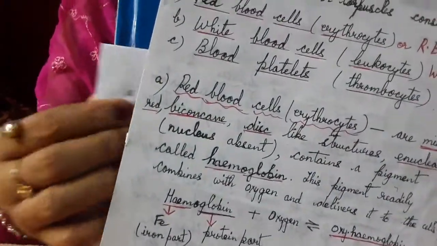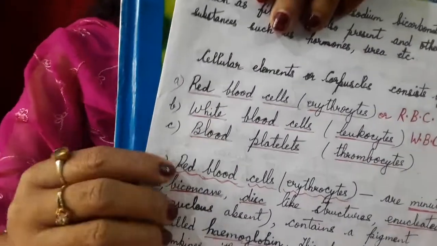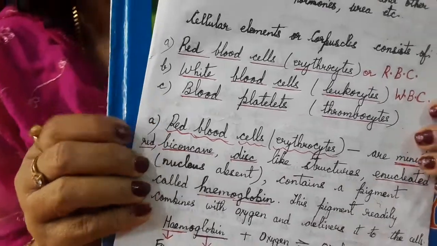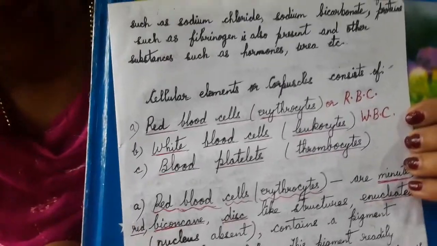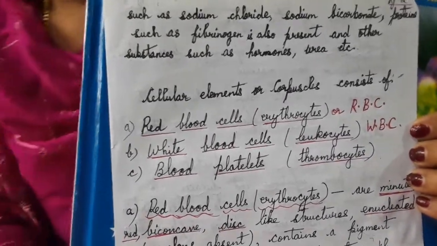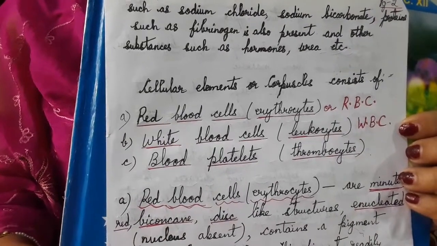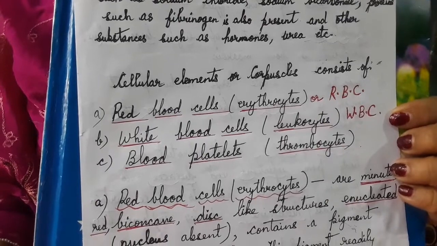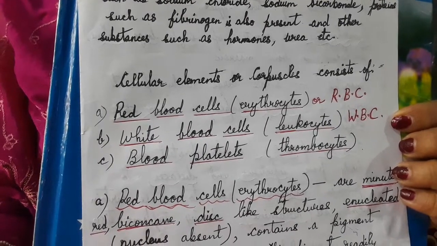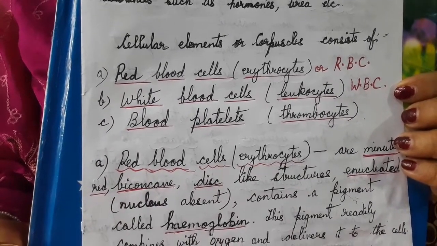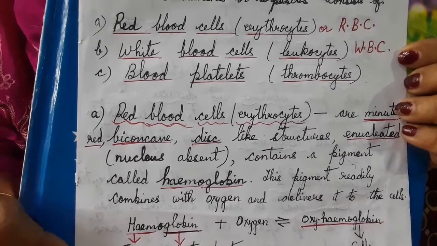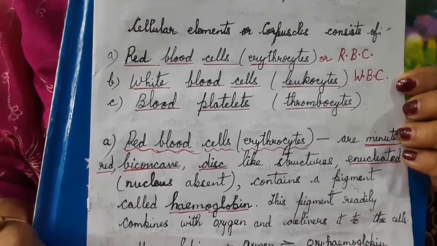Then we have the different types of blood cells, blood plasma and blood cells. RBCs or erythrocytes, WBCs or leukocytes, and blood platelets or thrombocytes.